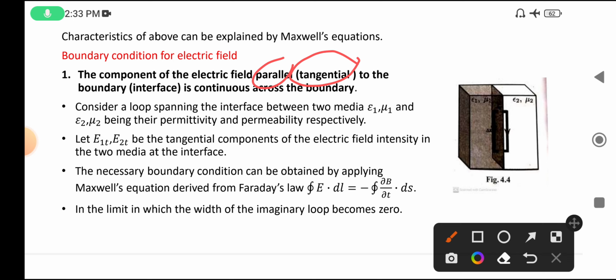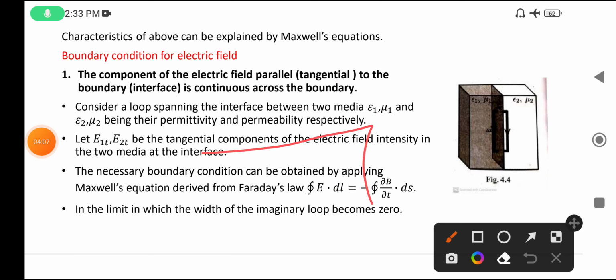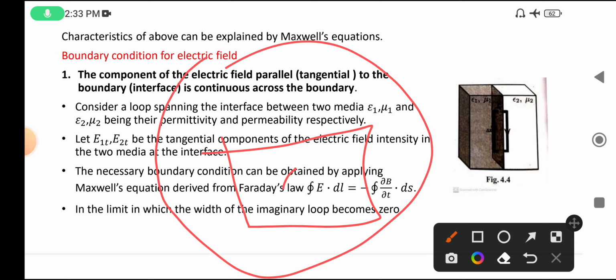See here, for example, it is a substance like this, and let me join another substance. Okay, here it is the boundary. Or we can imagine it like this also. Suppose it is a substance, and the outer region is another substance, and these two are meeting at this point. Suppose the electric field is coming like this.